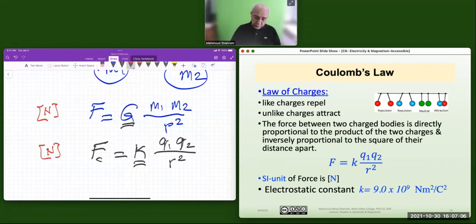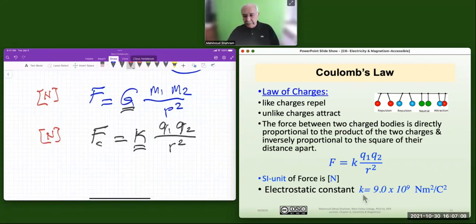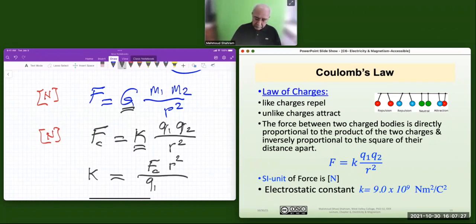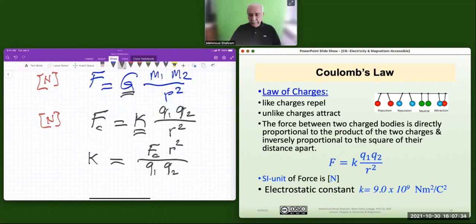If you look at the unit of k, which is the electrostatic constant, k is equal to F times r squared divided by Q1 and Q2. In the numerator we have the Newton times meter squared, divided by coulomb squared.